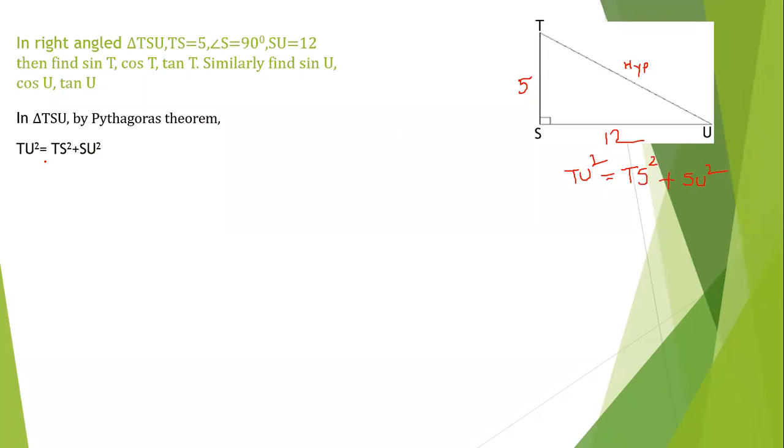Now what we will do, we will substitute the values that are given to us. In place of TS, we will write 5. Here we will write square. Let me erase this.